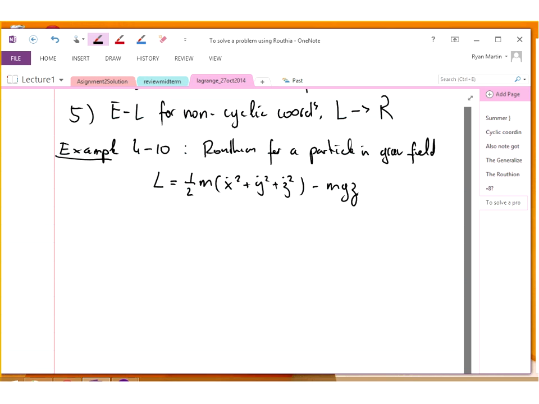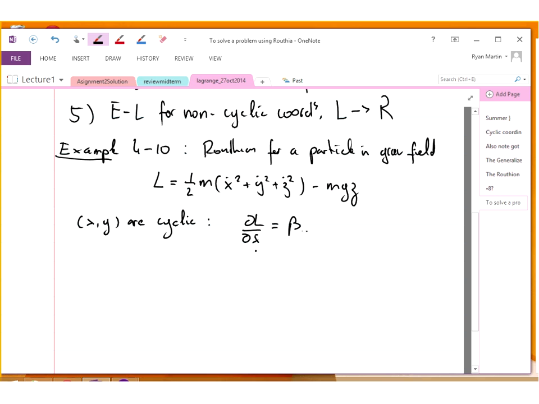So we've already identified that x and y are cyclic. So that means that ∂L/∂x dot, which we'll call β_x, is equal to a constant.